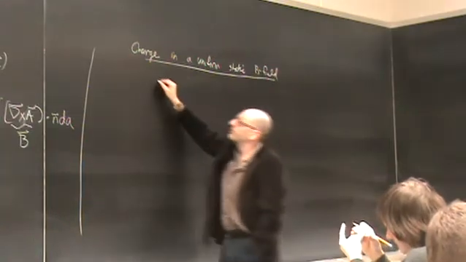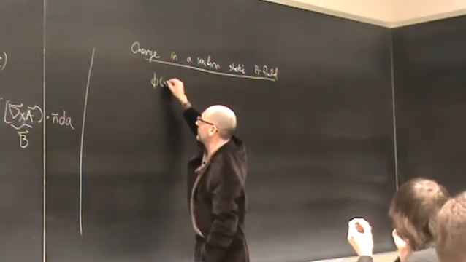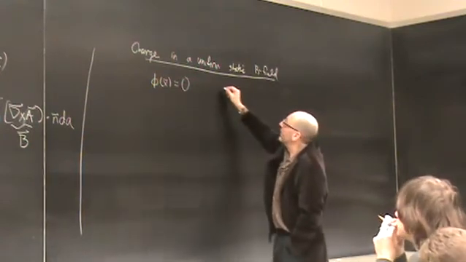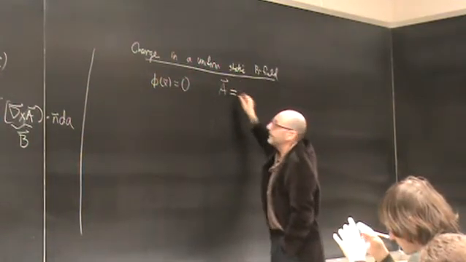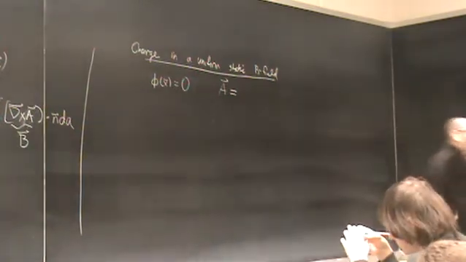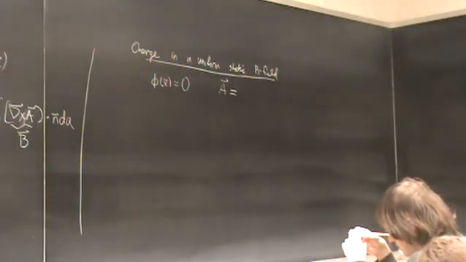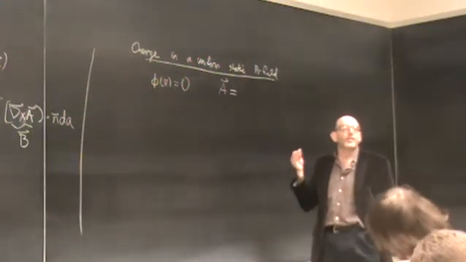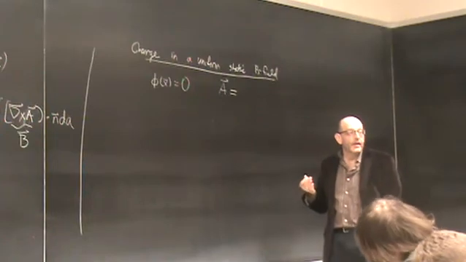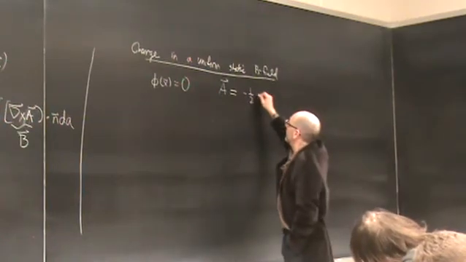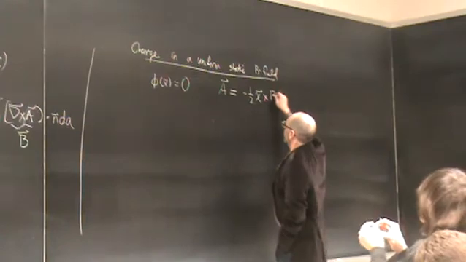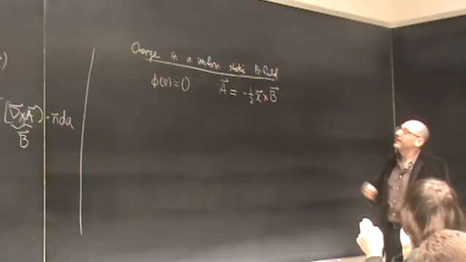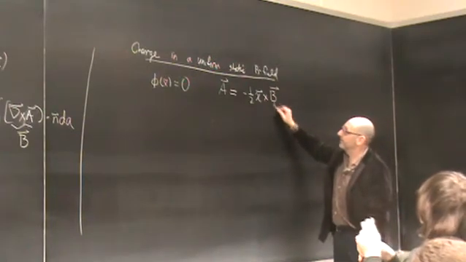So again, I'm going to take the electric scalar potential to be 0, and we can write down the vector potential. Now there are many ways, we know. It's not a gauge independent quantity, but there's a convenient gauge that we typically work in when thinking about static fields, and that is this gauge.